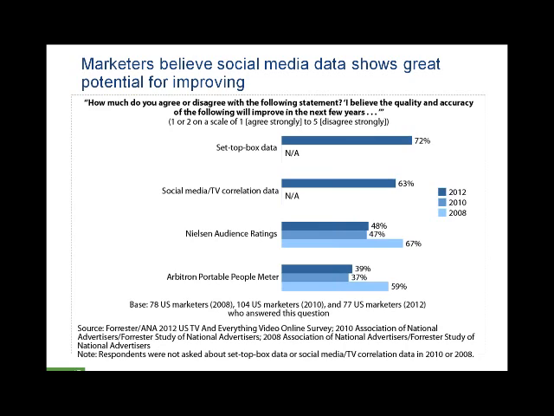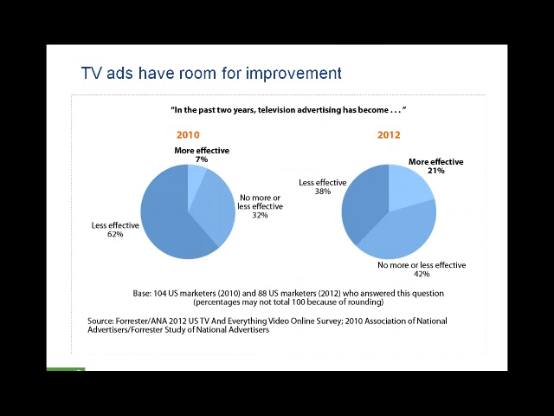So right now, and we've been just tracking this for social media for this year, 63% believe the quality and accuracy on the following will improve in the next few years. That's a very high percentage, considering it was the first year that we have been tracking this data. And so they really have high hopes, and they think that social data has a real potential for improving.